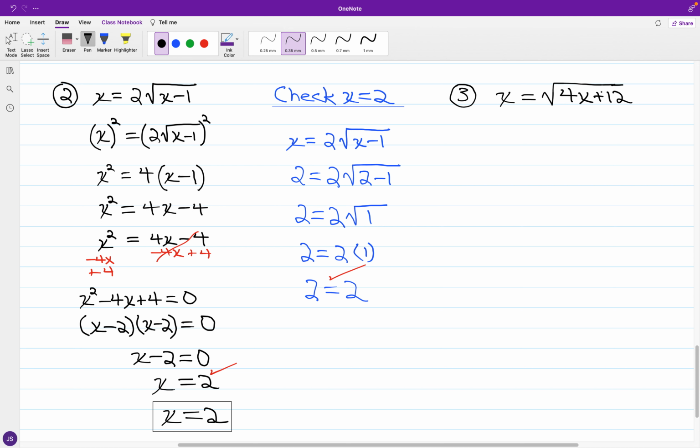Okay, now let's say we have x is equal to the square root of 4x plus 12. So we have x on the left, and the square root of 4x plus 12 on the right. And the nature of the radical being the square root, we can just go ahead and square both sides.